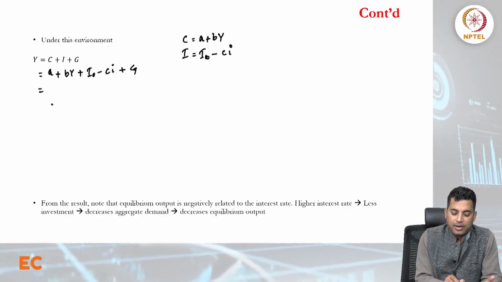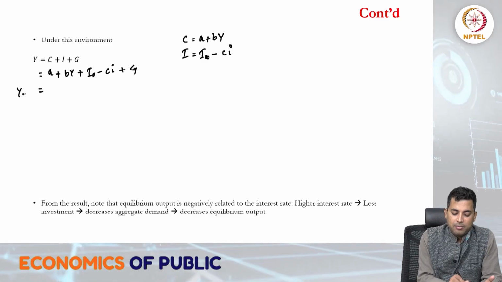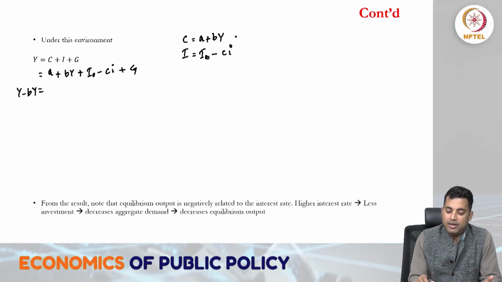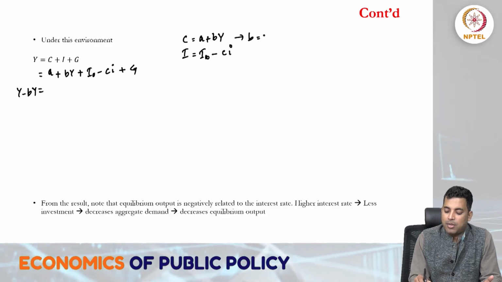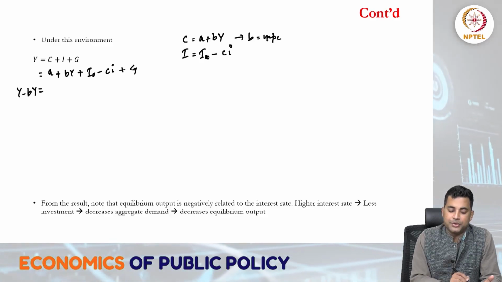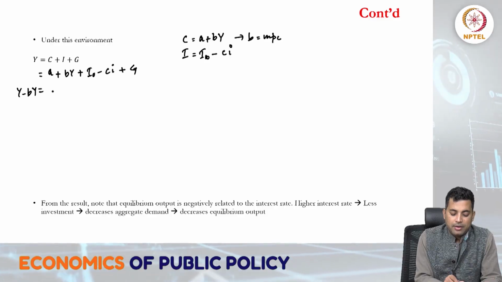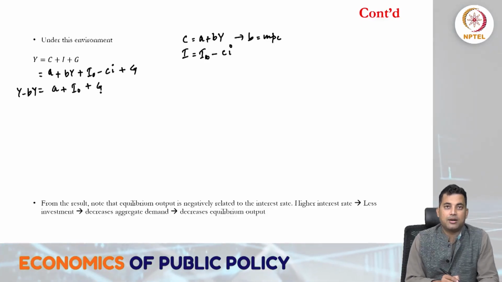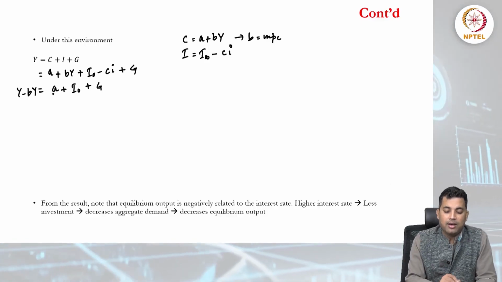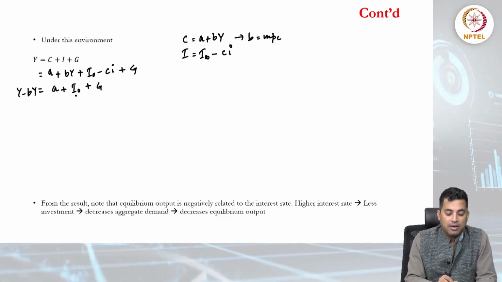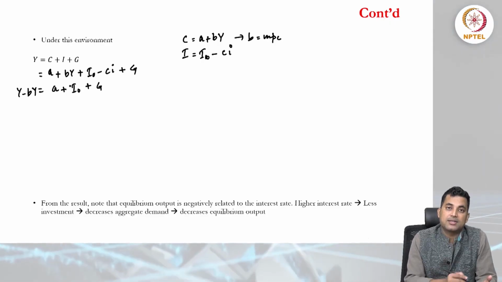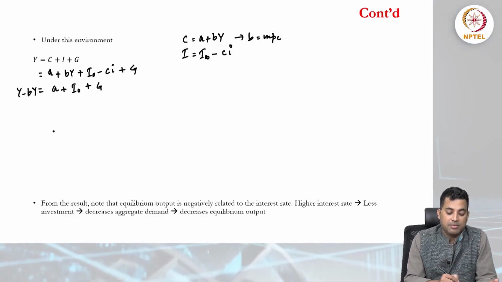So here we can write y minus by, where b is the marginal propensity to consume, equals a plus I naught plus G. These are all constant. A is autonomous consumption, which is fixed, a certain amount of consumption. I naught is planned investment, which is fixed.